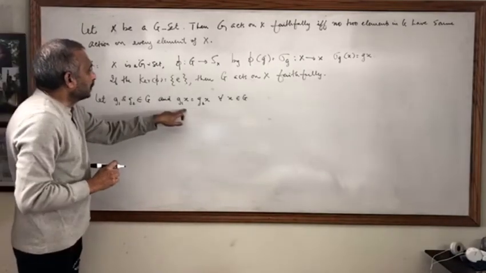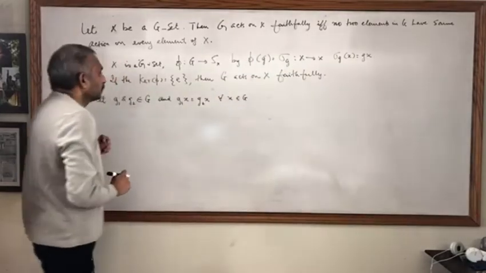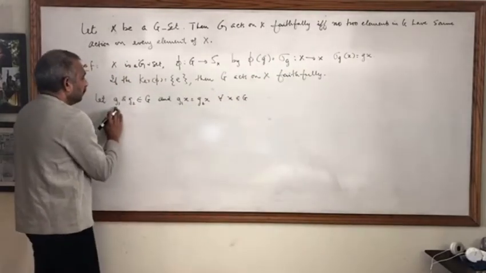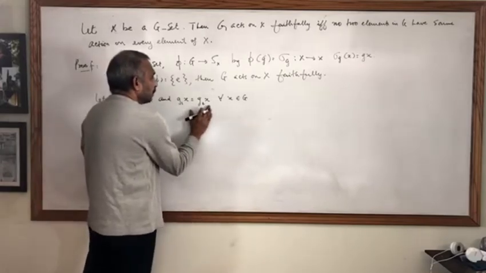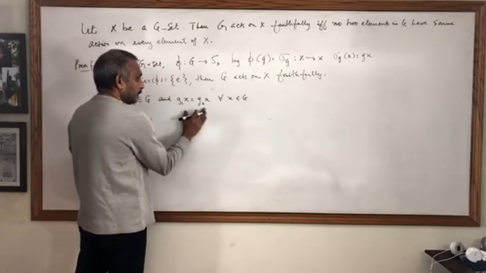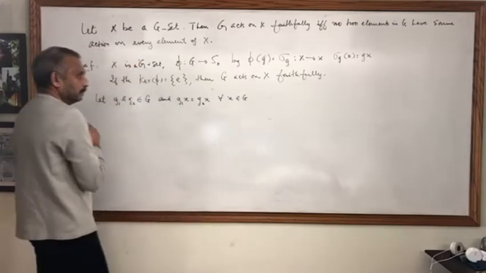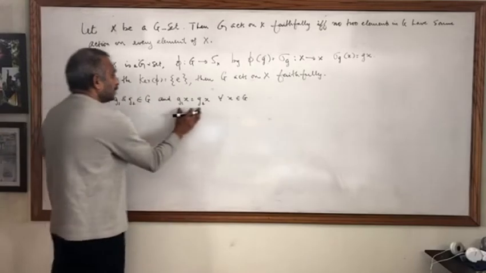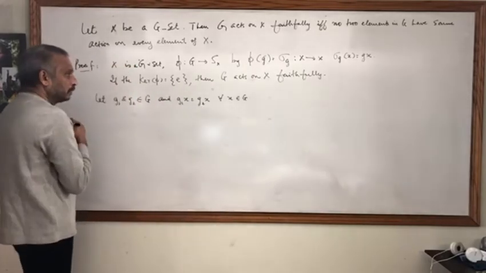These are the permutations. So we need to show that if they act the same on X for all x, then g1 is not different from g2. If we can prove that, then we are done.